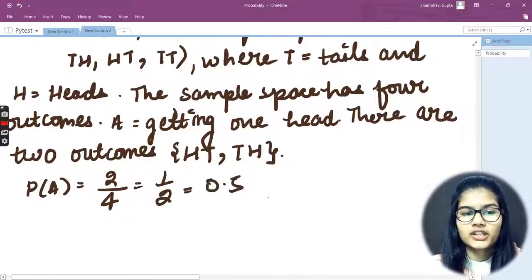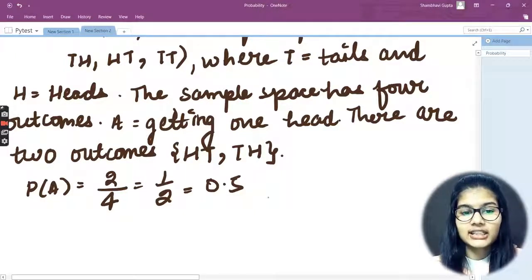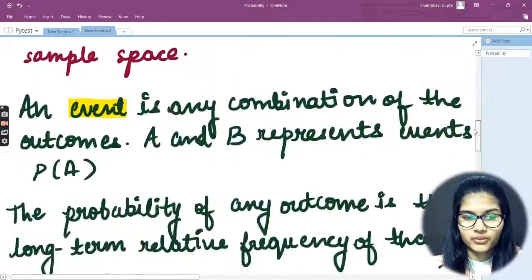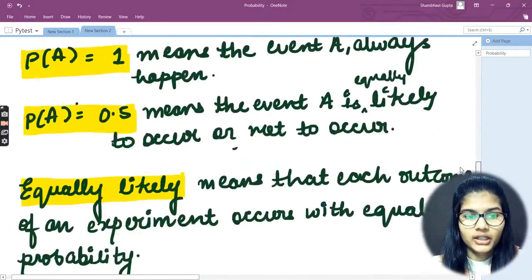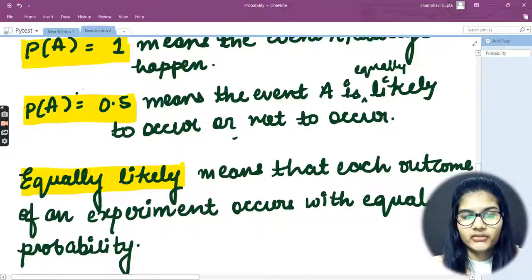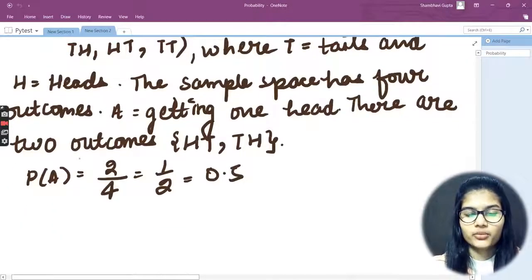And remember I told you in my previous video that if the probability of A is equal to 0.5, it means that event A is equally likely to occur or not to occur. And here I am getting the probability of A equal to 0.5.